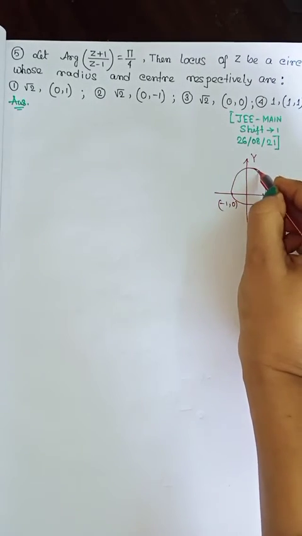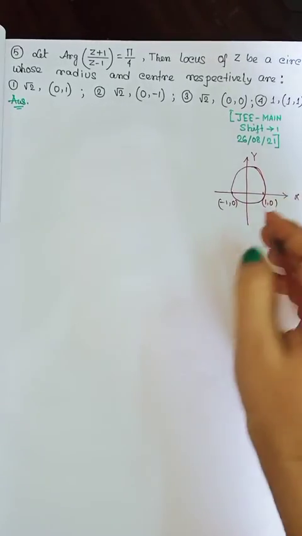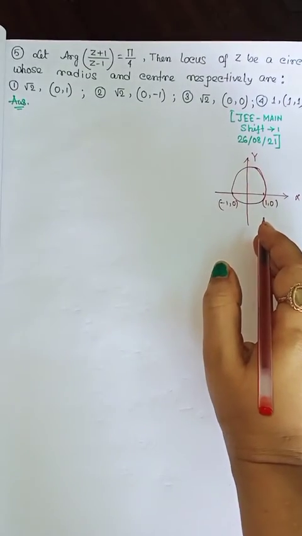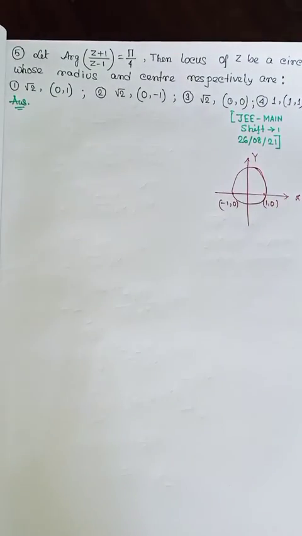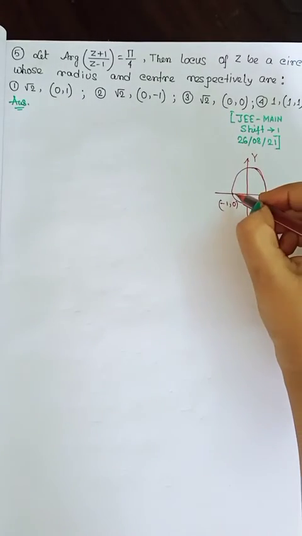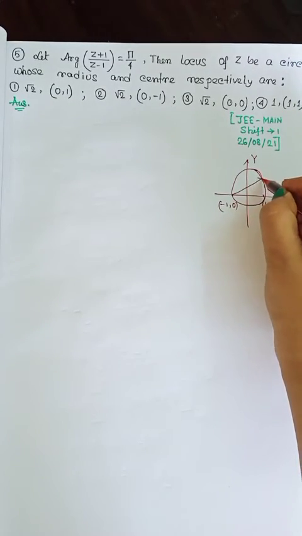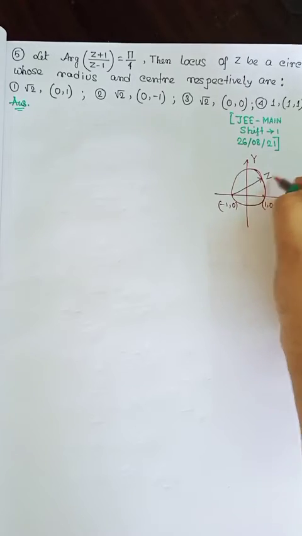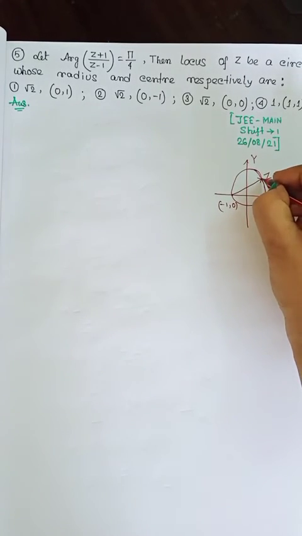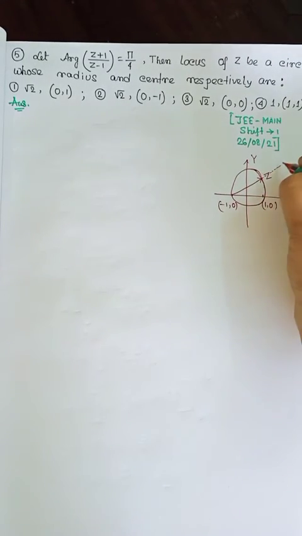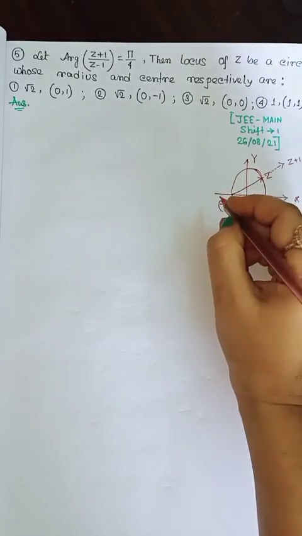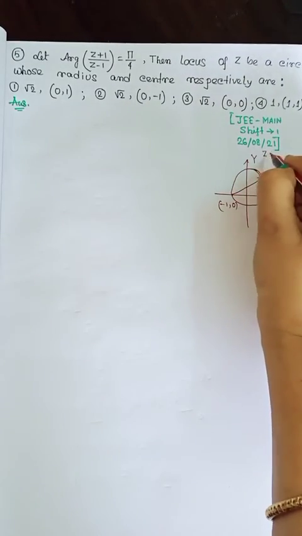Here we get this is the diameter, and it is z, and here we extended, then it is z plus 1, and this one is z minus 1.